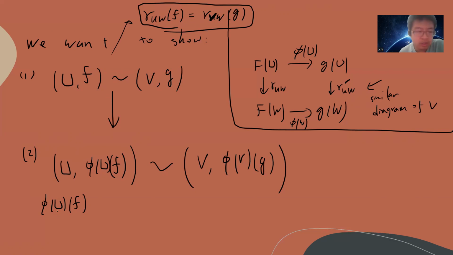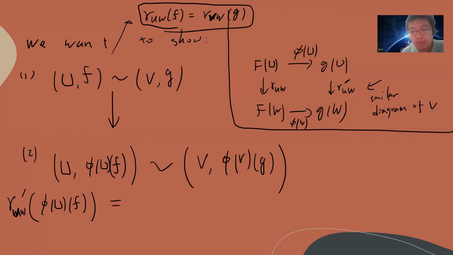If you start from phi_U(s) and restrict it to W, we need to use r_UW prime.